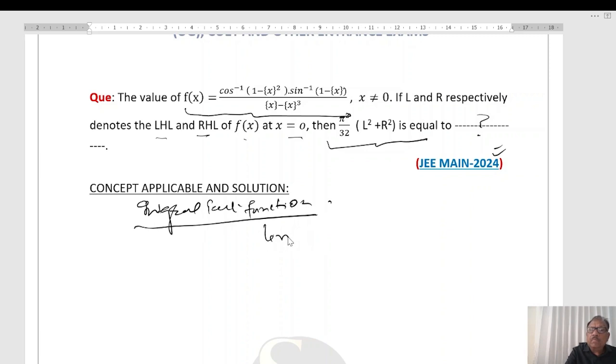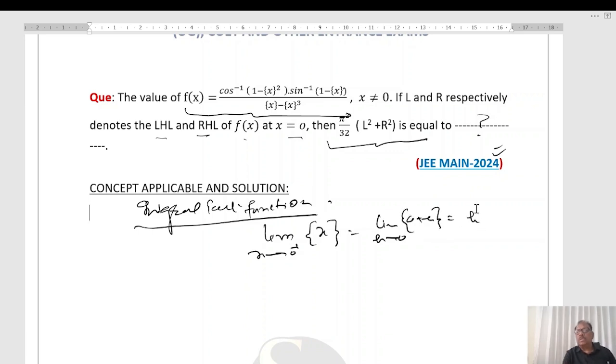Limit x tends to 0 plus, that is equal to limit x tends to 0, 0 plus h. This comes out to be h for the right hand limit. So we took the right hand limit.